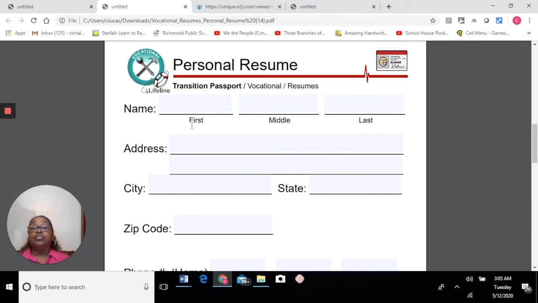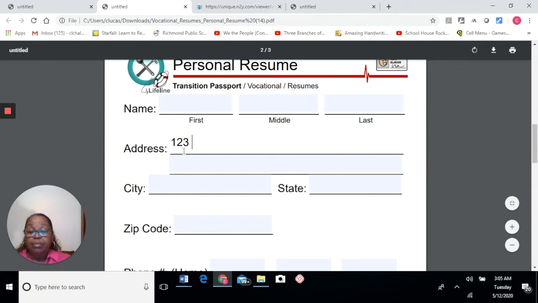All right, you will need to know your first, your middle, and your last name. Your middle name, not your nickname. You can use your nickname after you get your job, but you have to have your first, your middle, and your last name. You need to have an address, the number of your street, the name of your street, okay?